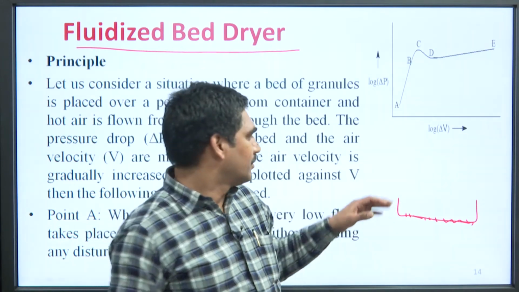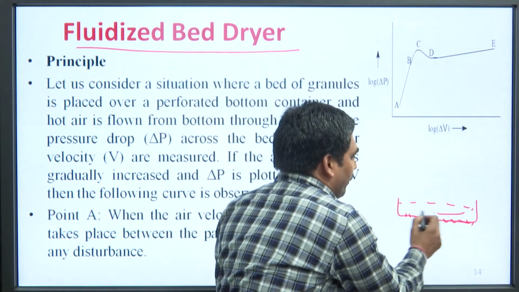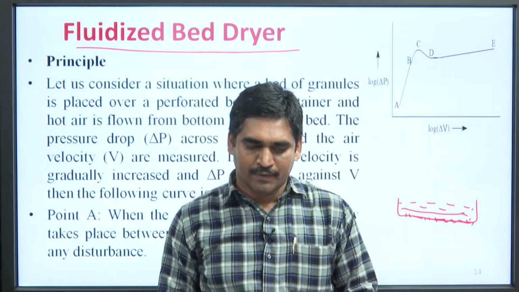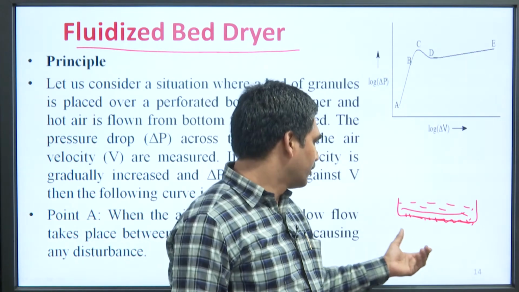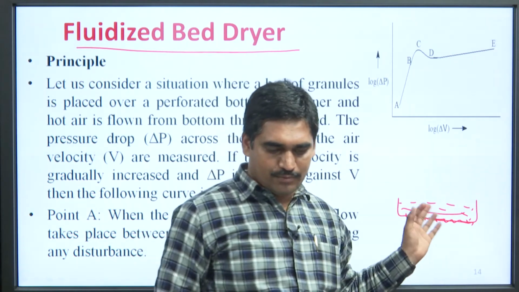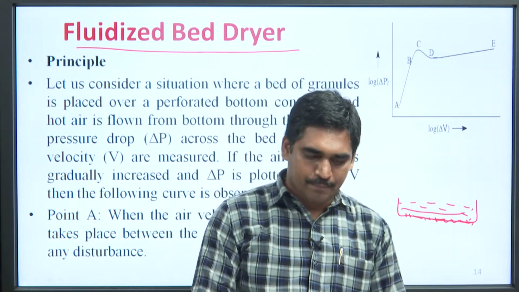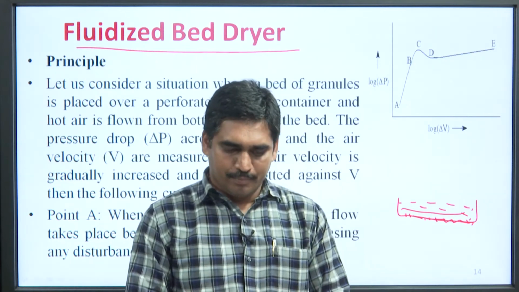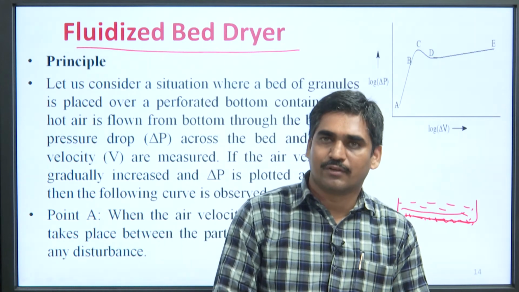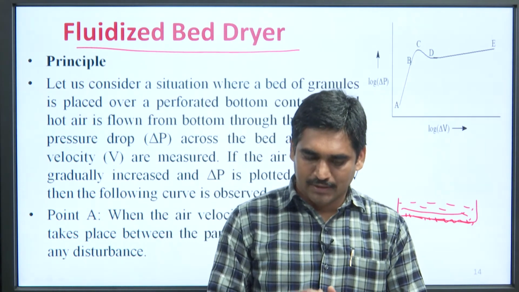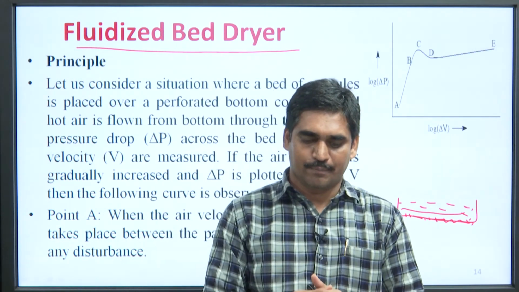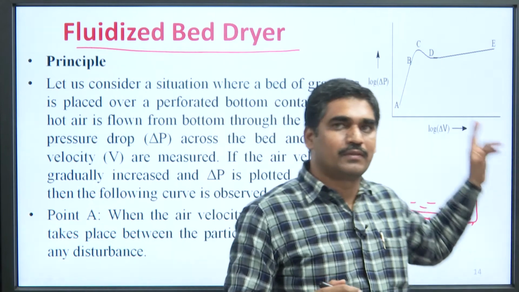Over this, a bed of granules is placed, and hot air is flowed from the bottom through this bed. The pressure drop across the bed and the velocity are measured. If air velocity is gradually increased and delta p is plotted against v, then this type of curve is obtained.